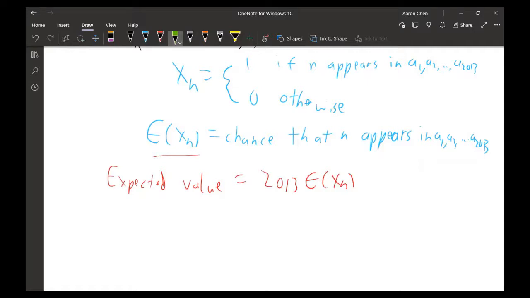And so the chance that n appears is simply 1 minus the chance that n does not appear.